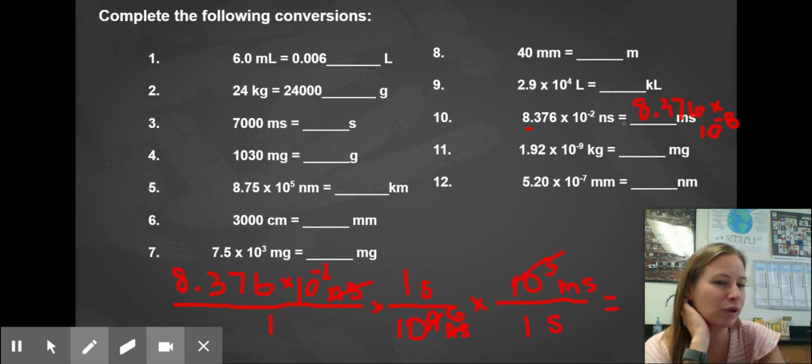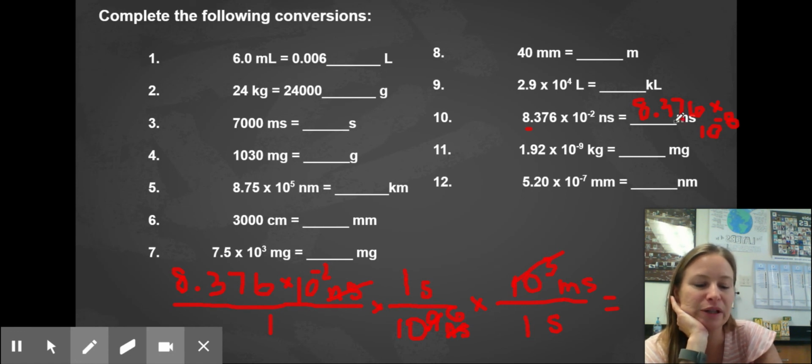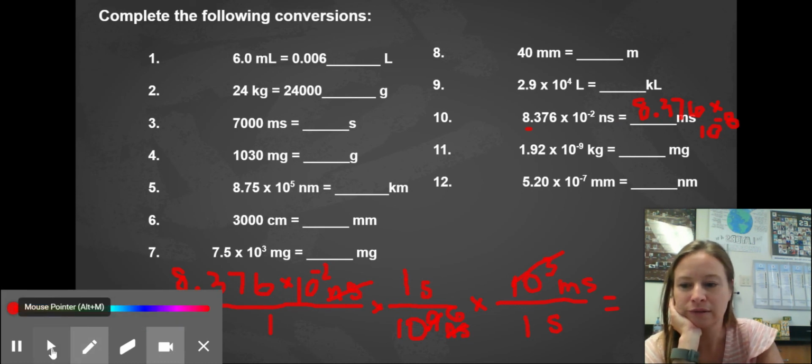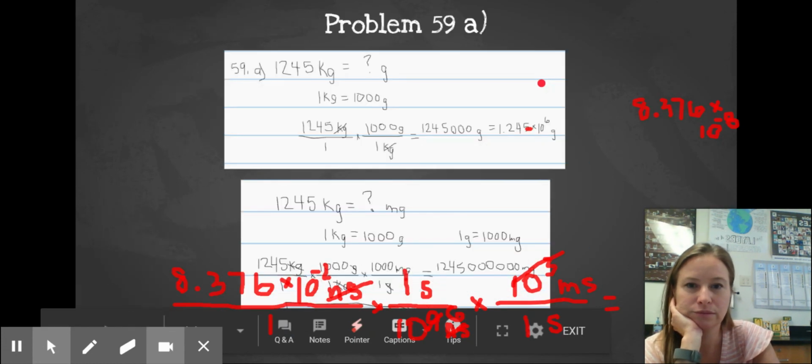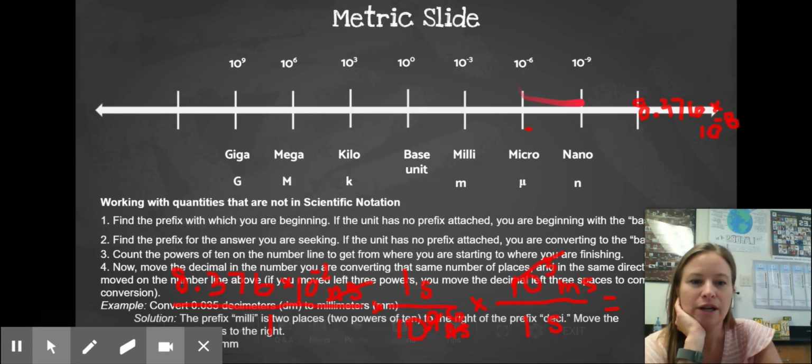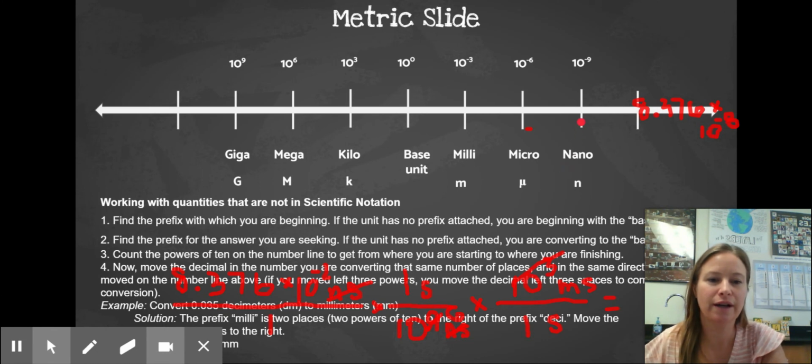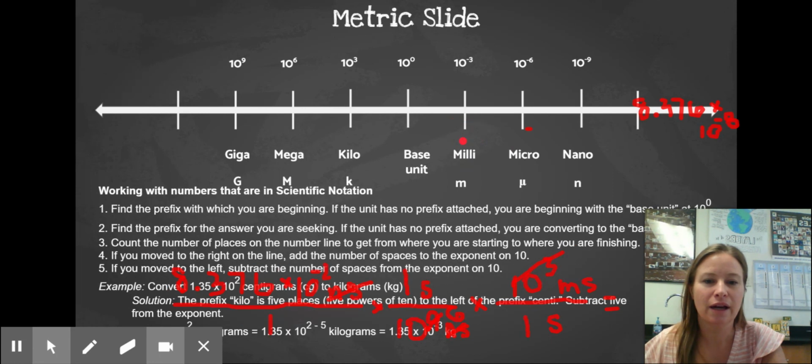And let's see if it works with the metric slide too. Nanoseconds to milliseconds. Nano to milli. So I'm going from here, nano, to here, milli.